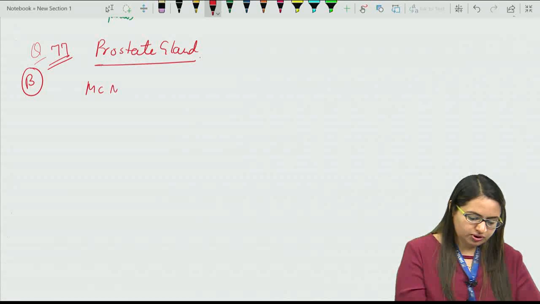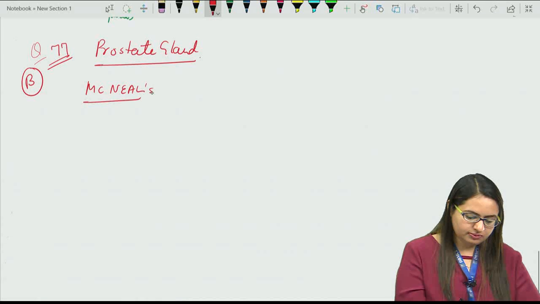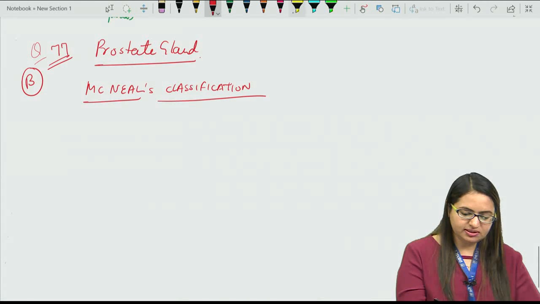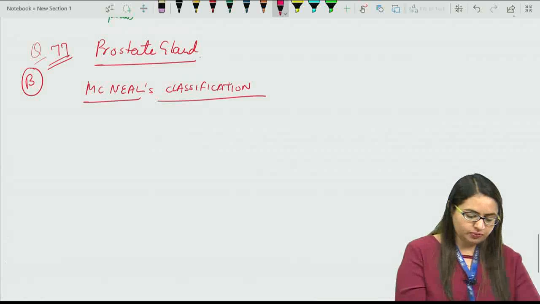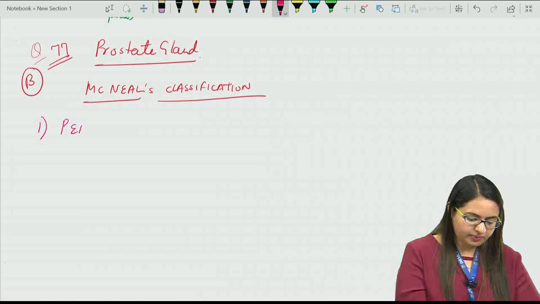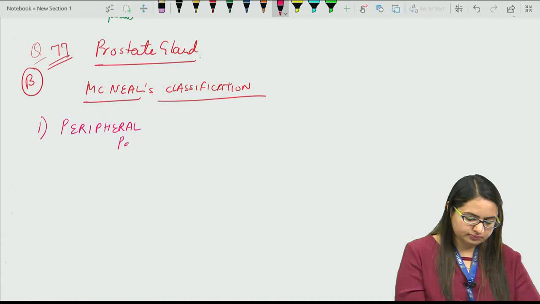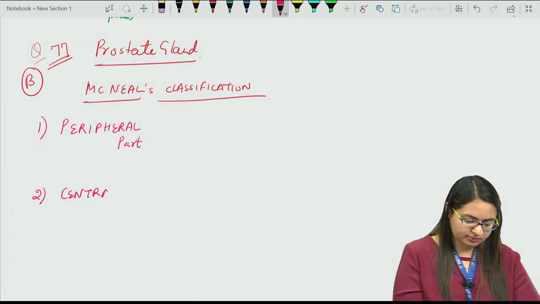Now for this we should know McNeal's classification. According to McNeal, it classifies the whole of the prostate into three portions. First of all, the peripheral part, then the central part, and the transitional part.